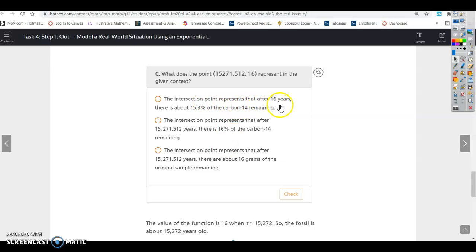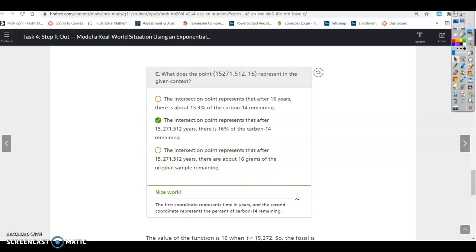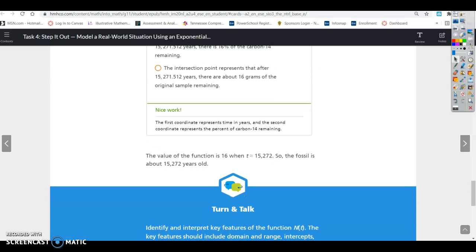The intersection point represents after 16 years. Now, we just said the 16 is the 16% of carbon-14. So the intersection point represents that after this many years, there is 16% of carbon remaining. That is correct. The intersection point represents that after there is about 16 grams. No, we weren't talking about grams at all.